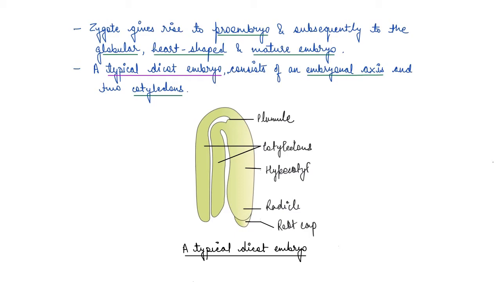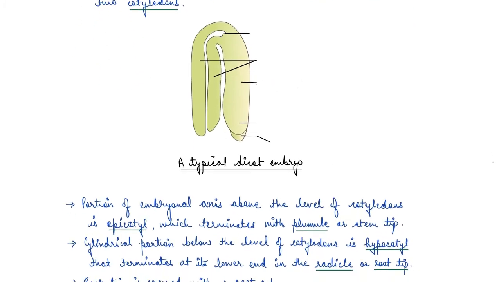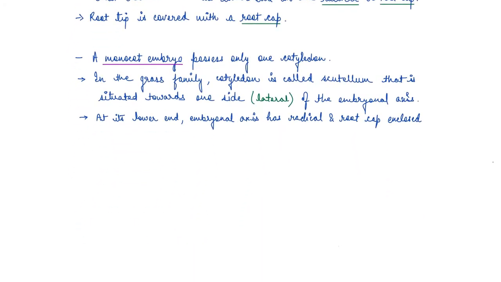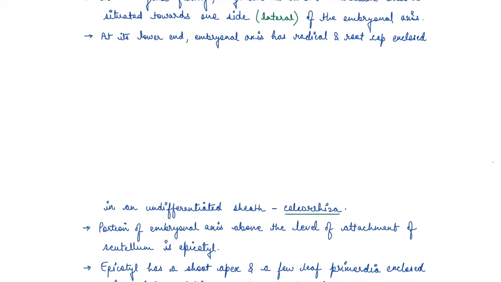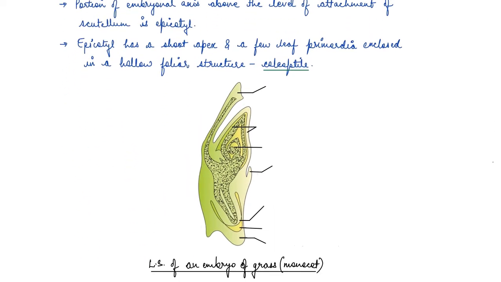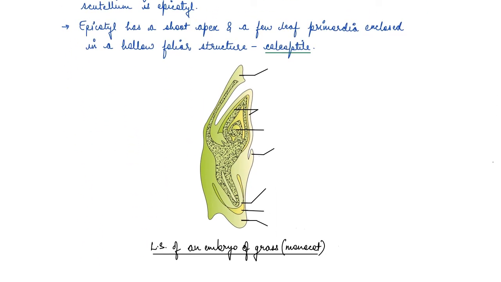Okay, now what happens in the embryo of monocotyledons? Let's see that as well. In a monocot embryo, there is just one cotyledon, right? Now in the grass family, the cotyledon is known as scutellum.